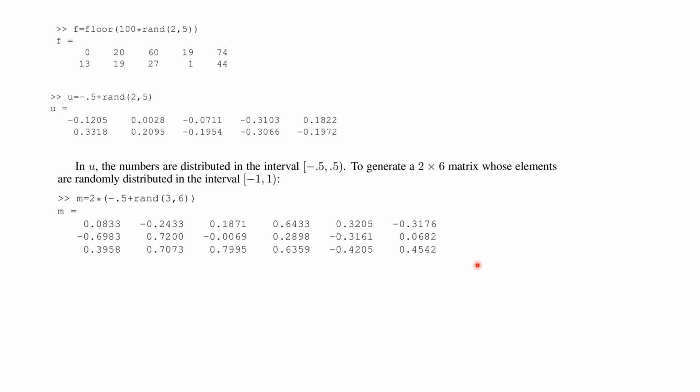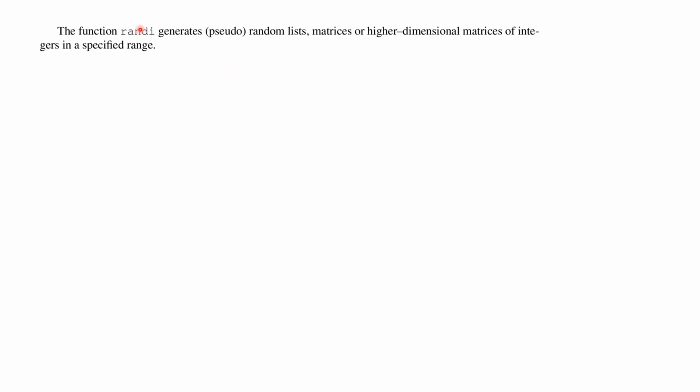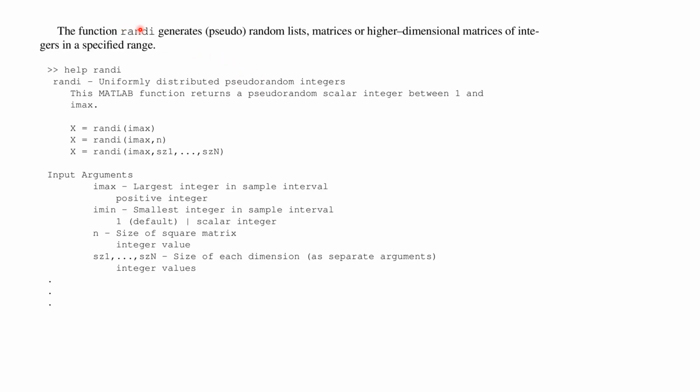We'll make our own function to facilitate this process, and MATLAB also has an extension of this simple rand function. This function randi is very useful. We'll make our own, but MATLAB has this one, and it generates lists, and it'll generate higher dimensional objects as well, which we'll talk about just now.